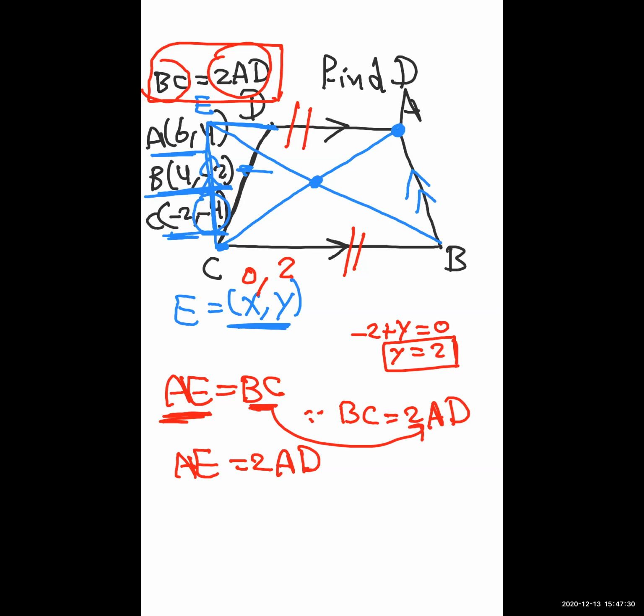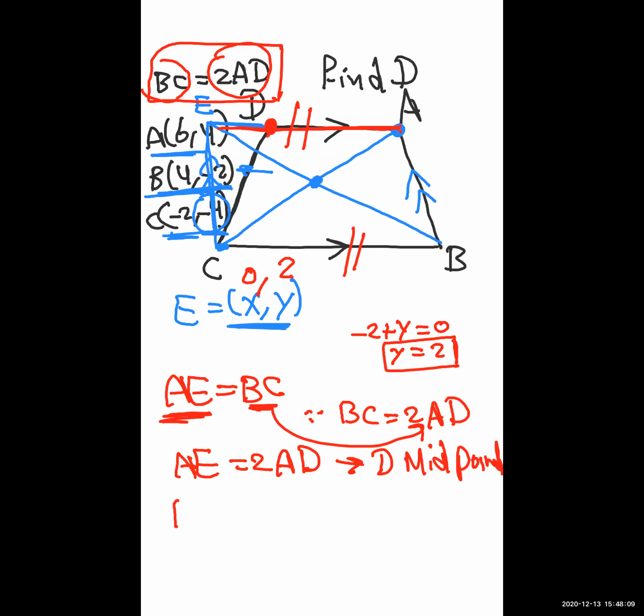Okay. Now, the next point, this means D is the midpoint of AE, right? D is a midpoint, because AE equals twice AD. So this means this point is at the middle. Now, the point D we can get easily.